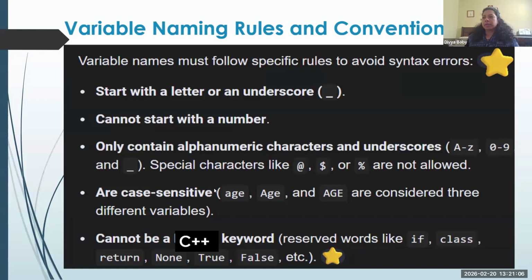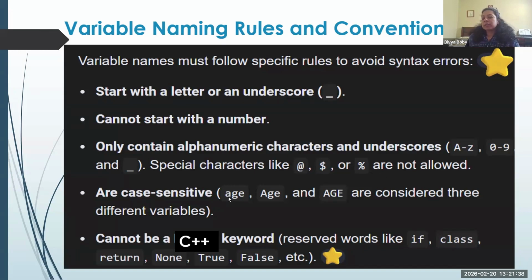Now looking at variable names, what can be a variable name? We can start with an underscore, but we cannot start with a number. Special characters like at, dollar, or percentage are not allowed. Underscore is allowed, but these are not allowed.